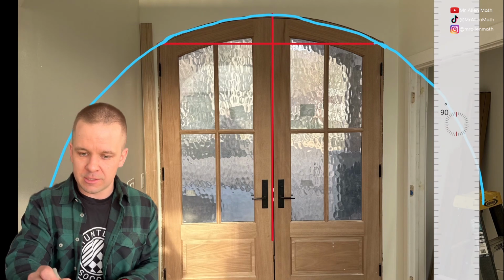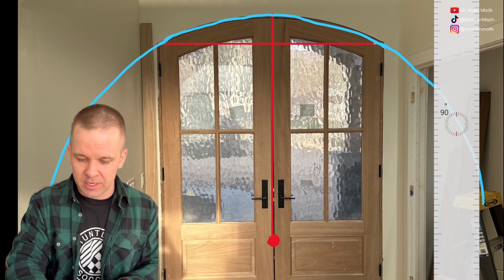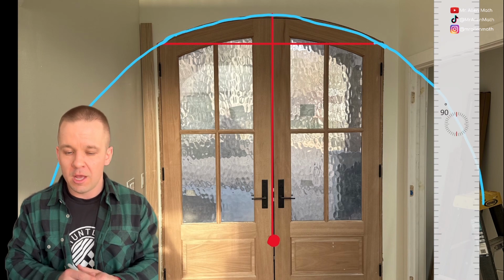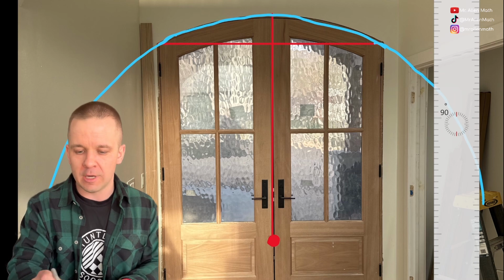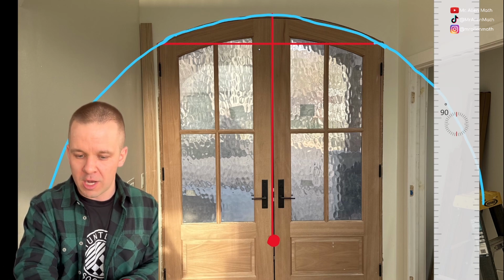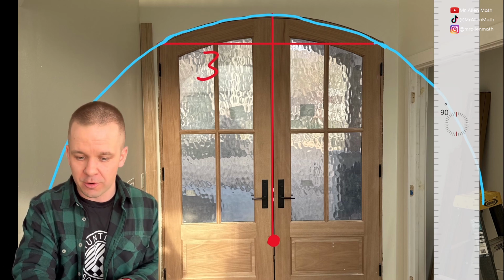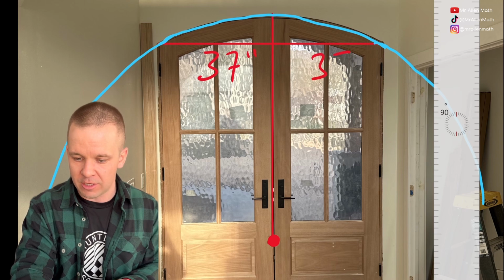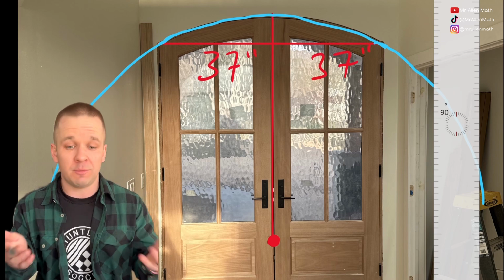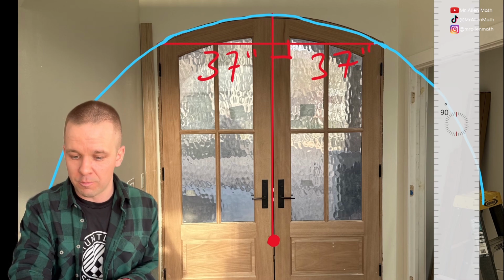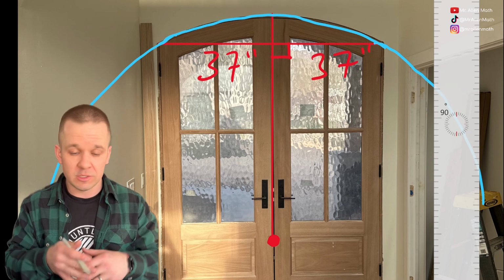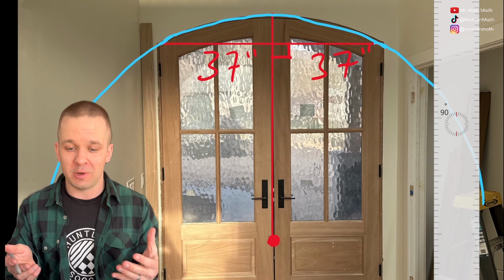If a radius is bisecting a chord, and this whole thing all the way across is 74, which makes it 37 inches and 37 inches, I want to split it in half. I want it to be symmetrical, right? And if a radius bisects a chord, then it's also perpendicular to that chord. It's a wonderful property of circles that we got to use here.